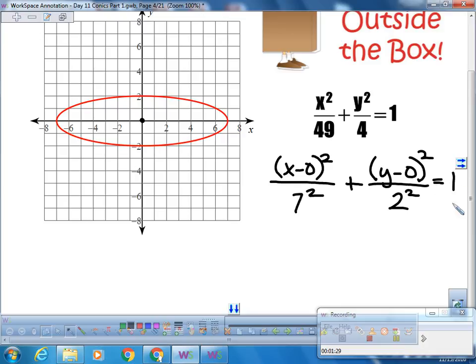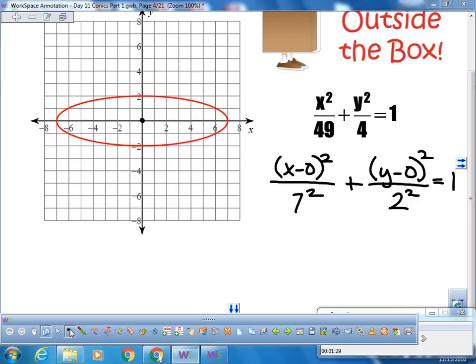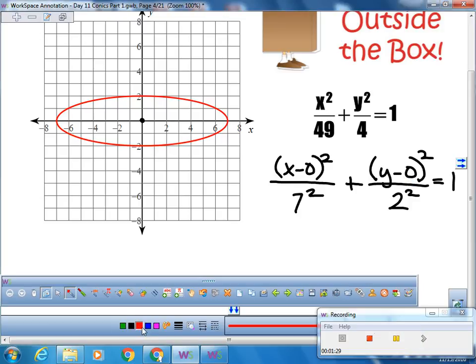Does that pretty much clear it all up? So there is no shift on the x-axis, right, because of the 0. There is no horizontal shift. There is no vertical shift. Therefore, that's why our center is at 0, 0, correct?